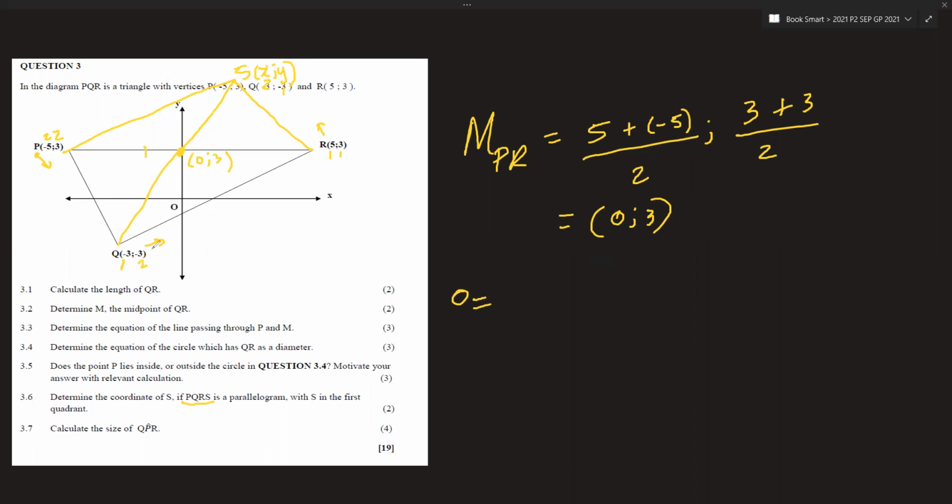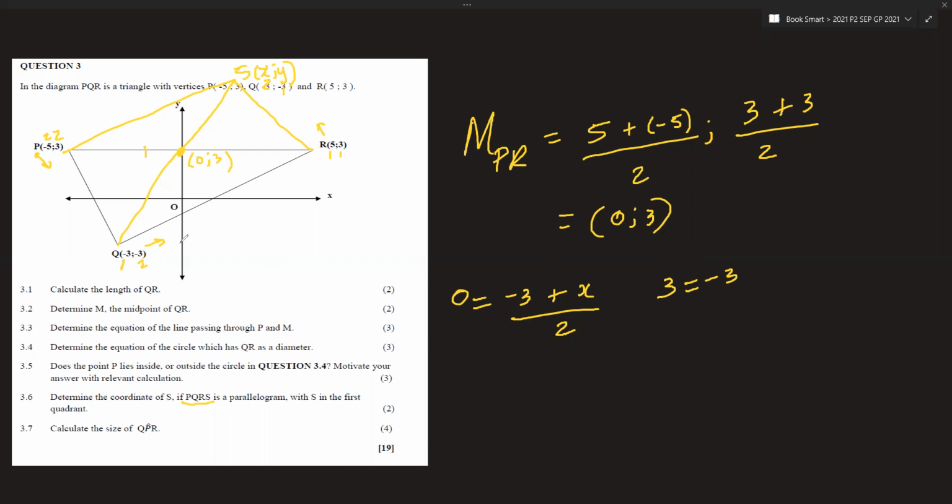When I add X1, which is -3, plus the X of S, divided by 2, I must get the answer on the midpoint. Do we get it? Since they share a common midpoint. Same way with the Y: it must be given by adding this Y here, which is -3, plus that Y there.